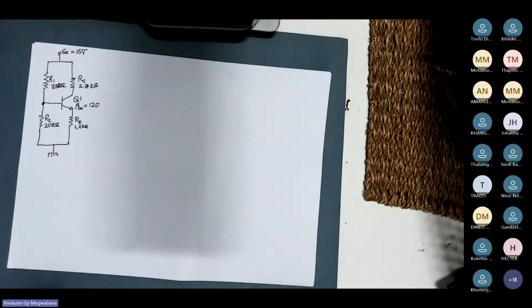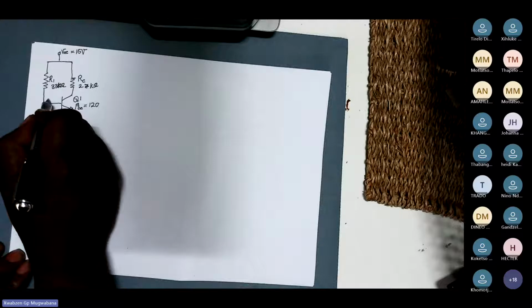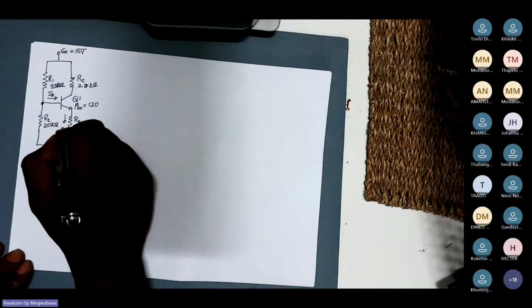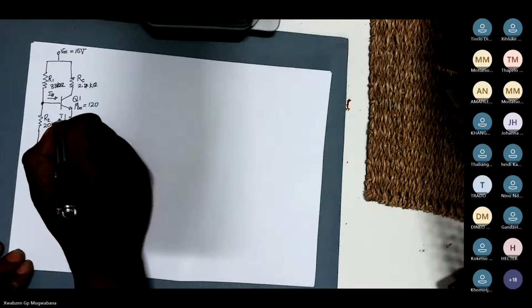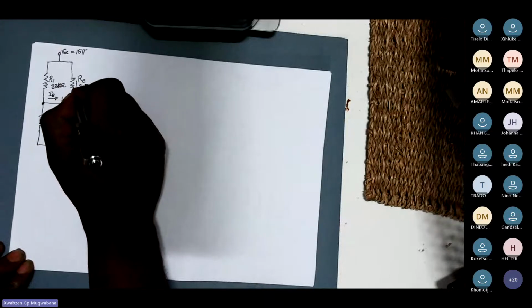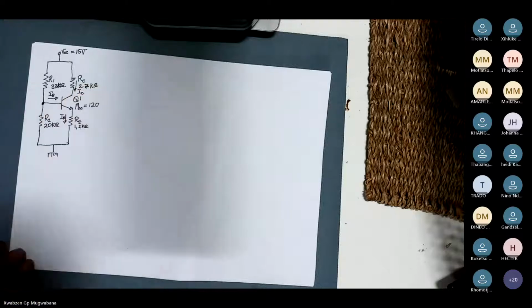We will have to find how the current is flowing within your transistor, which will be your base current, your emitter current, and also your collector current.